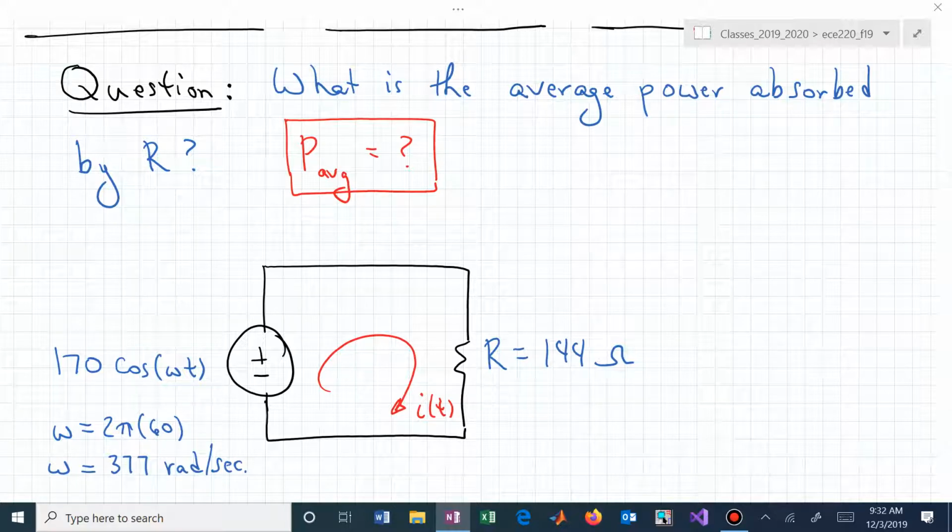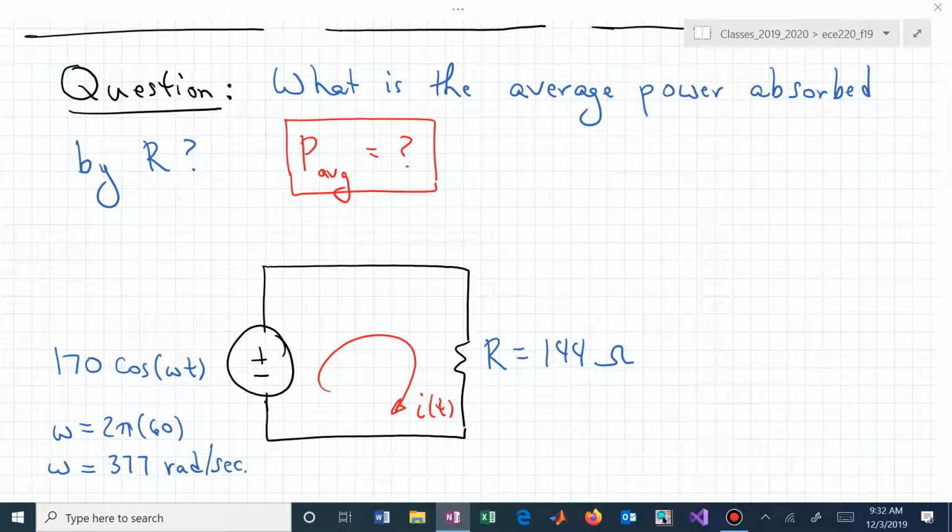That's the reference sinusoid that we use in this class, and we're not giving it a phase, but it does have a frequency of 60 Hertz, which in terms of radian frequency is 377 radians per second. It has an amplitude of 170, and we want to know what is the average power absorbed by that resistor.